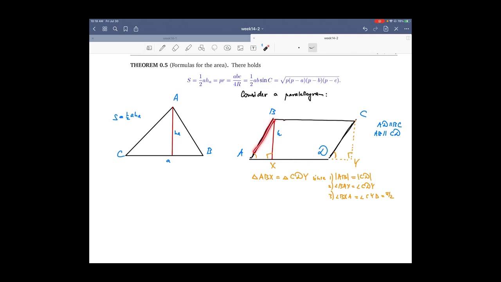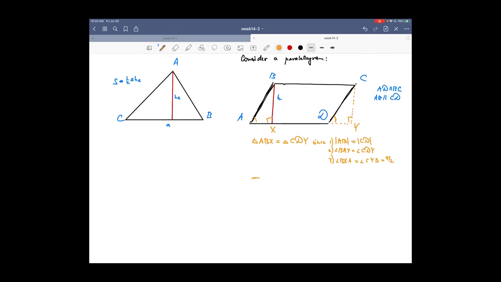Because if I were to cut this triangle ABX and put it in here, I would obtain the rectangle here.